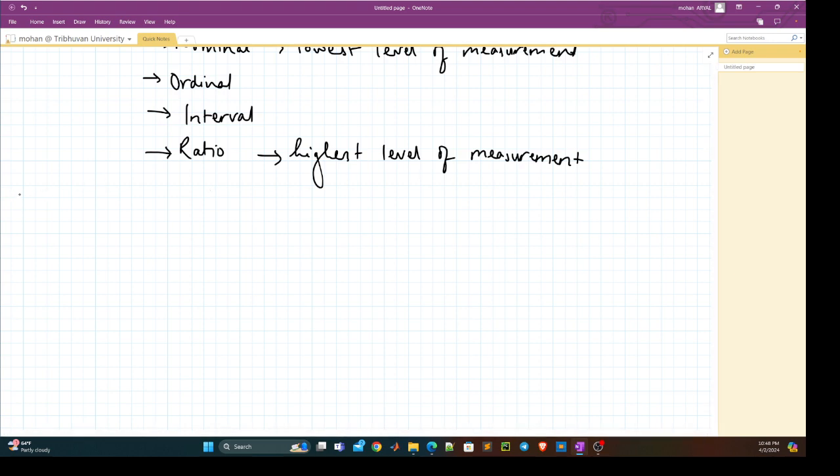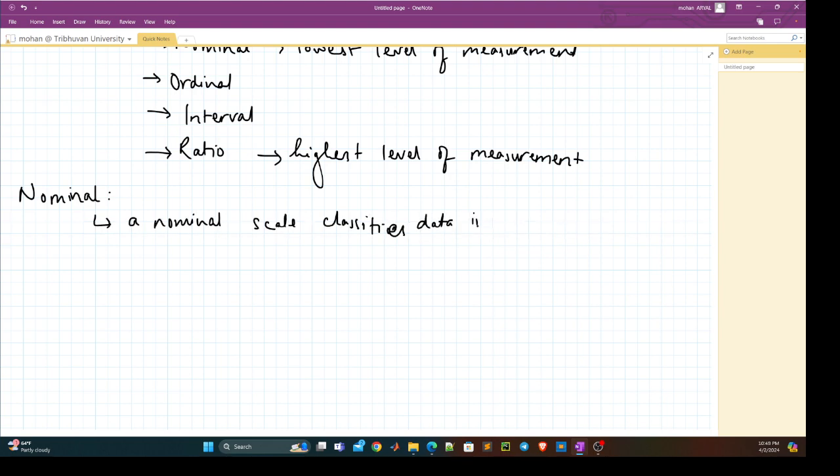So the nominal scale classifies data into categories in which no ranking is implied.